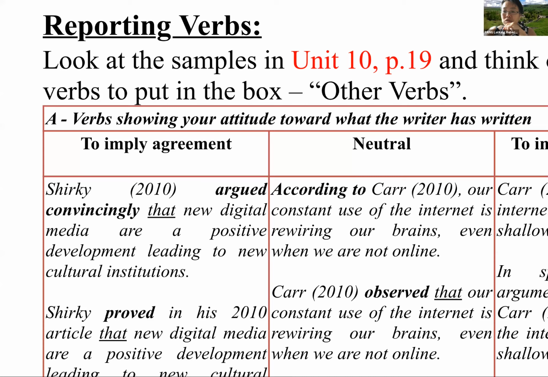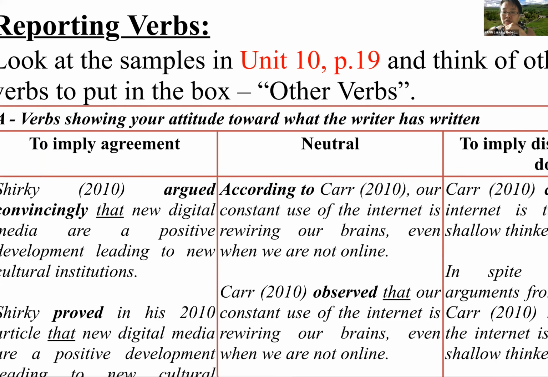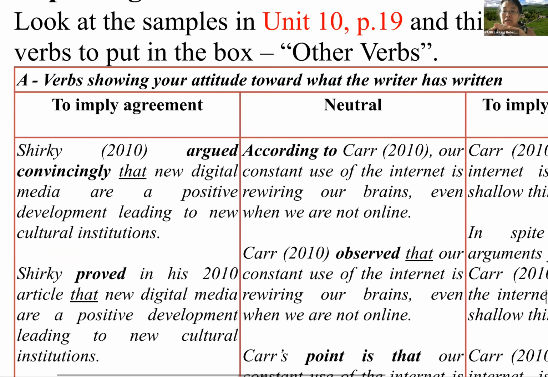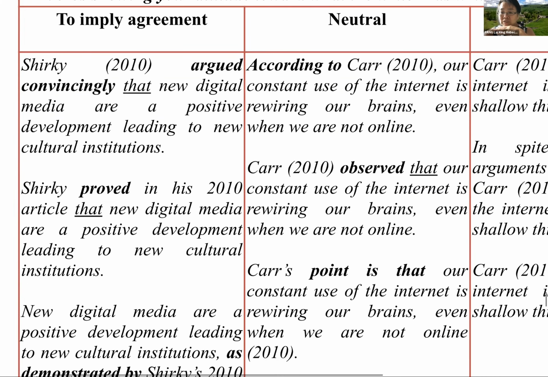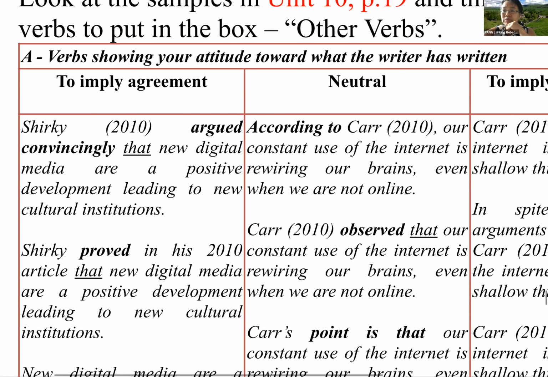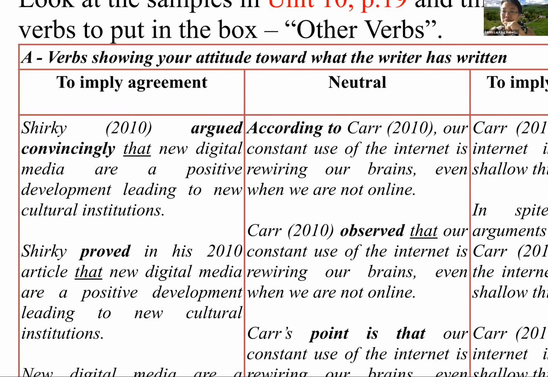And the verb you use, argue, is to show the attitude of the writer. Of course, you have to look at the whole article or the text itself, and whether you think the writer is arguing or just simply trying to prove his point. So all these words are what we call action verbs, reporting verbs, all right?